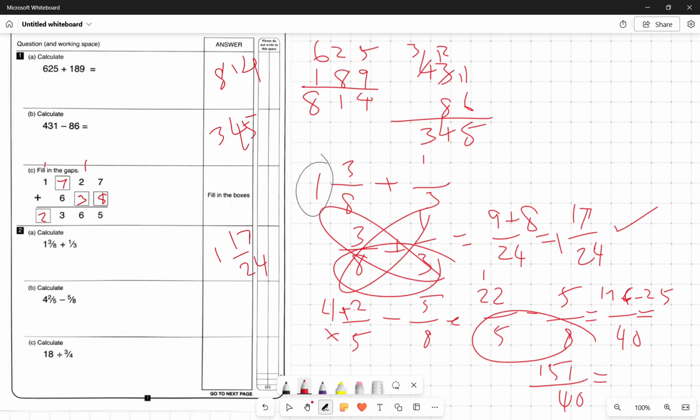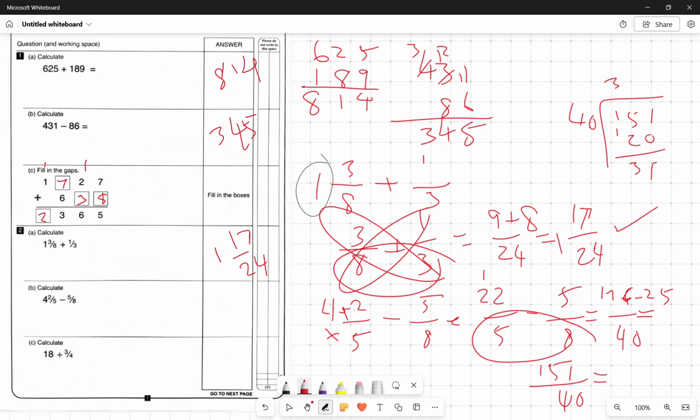Let me write it down. We go for the bus stop method: 151 divided by 40. 40 times 3 is 120, and the remainder is 31.